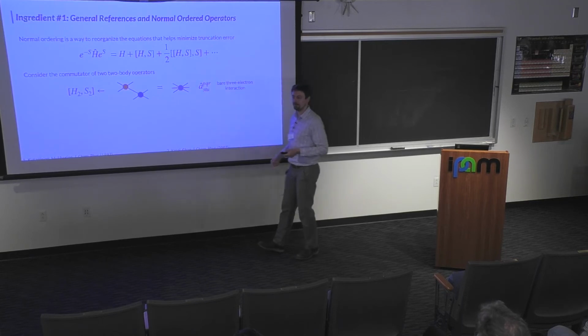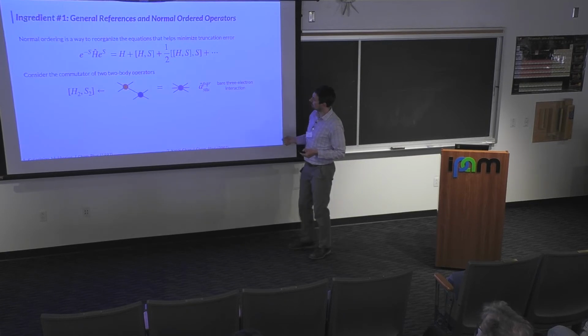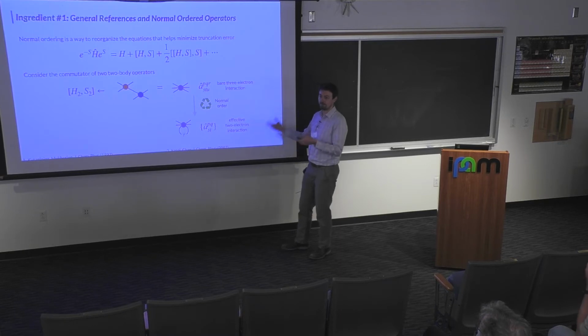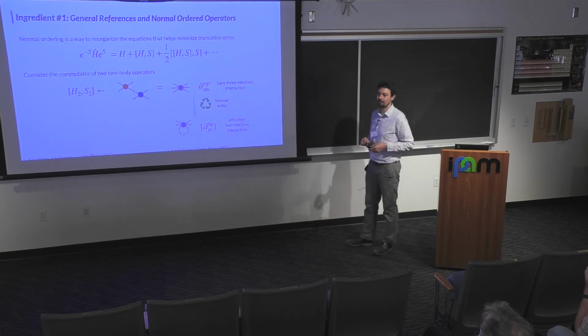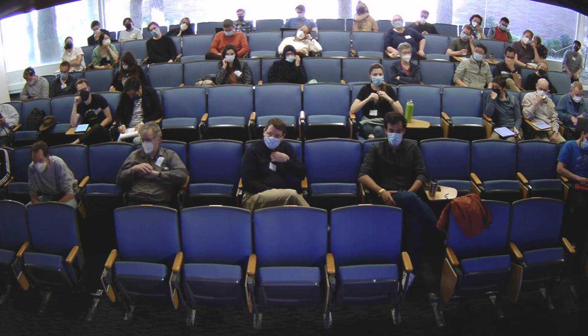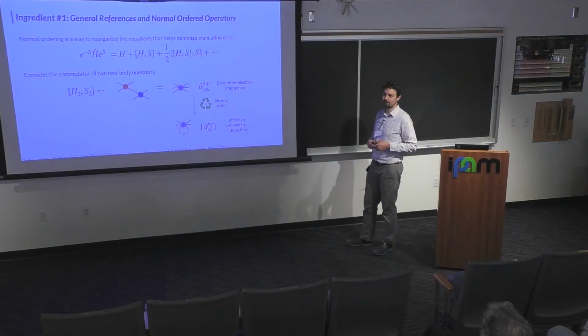Instead, if I work in the normal ordered representation, I keep a term like this in my similarity transformed Hamiltonian. It's really in the diagrammatic sense, not necessarily literally by the operator. Yeah, so it helps when I introduce diagrammatic approximations. Yep.